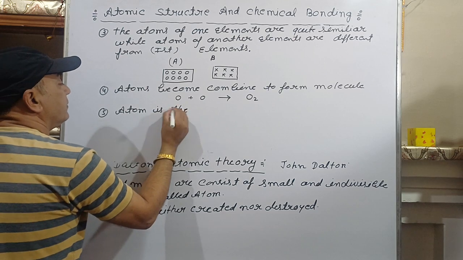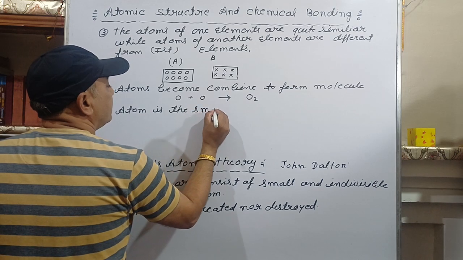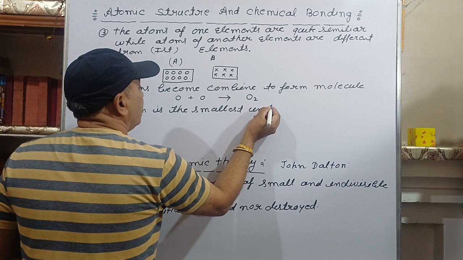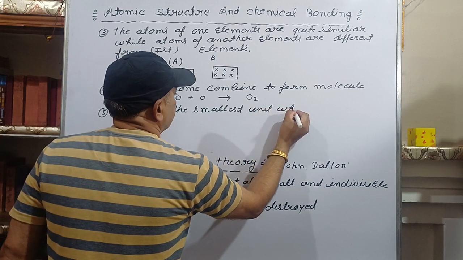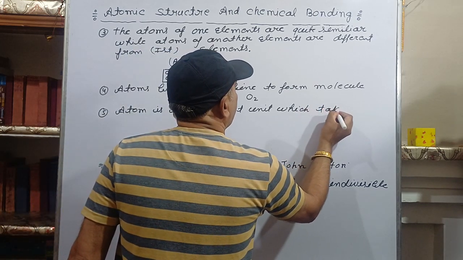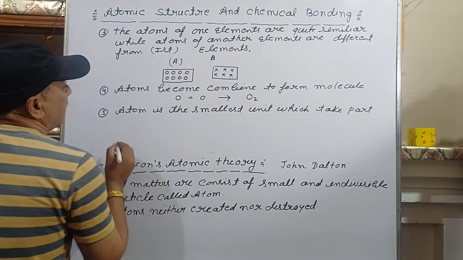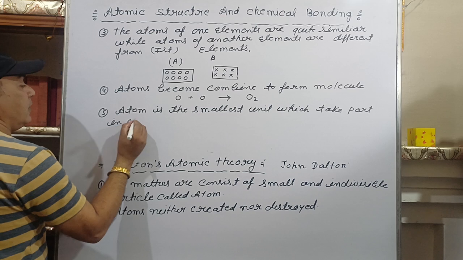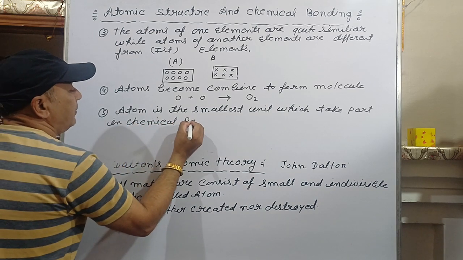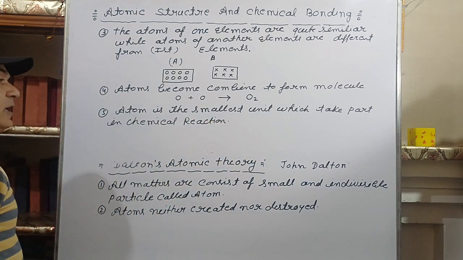Atom is the smallest unit which takes part in chemical reactions, according to Dalton's atomic theory. That is about Dalton's atomic theory.